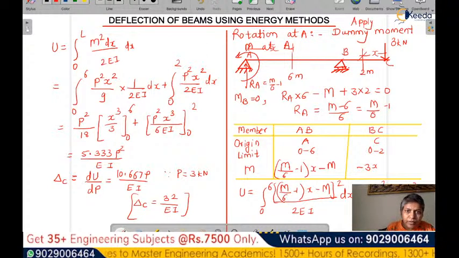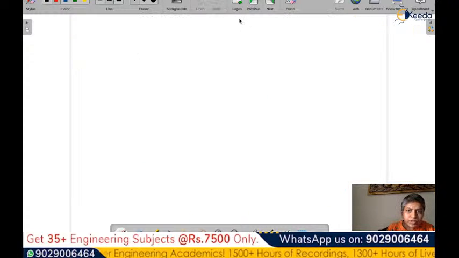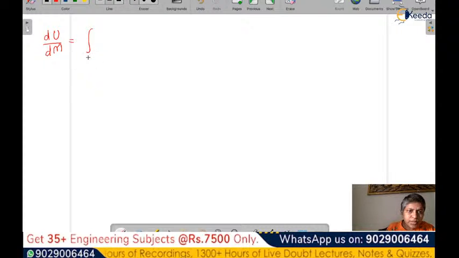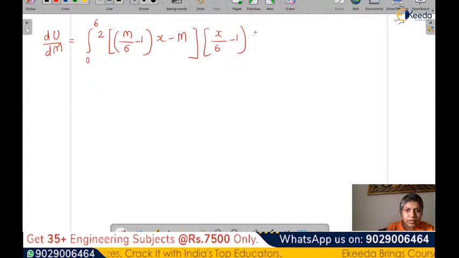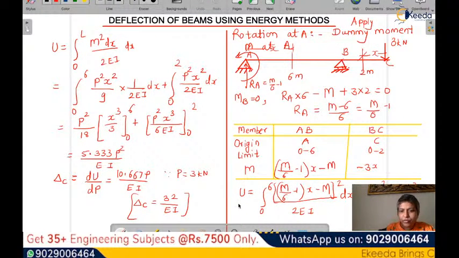So we arrive at the equation which gives us dU by dM equal to integral 0 to 6 of 2 into (M by 6 minus 1 x minus M) into (x by 6 minus 1) dx by 2EI, is equal to 0.